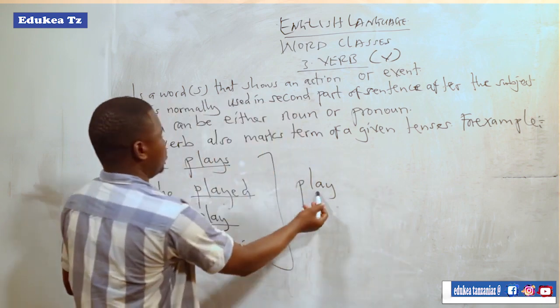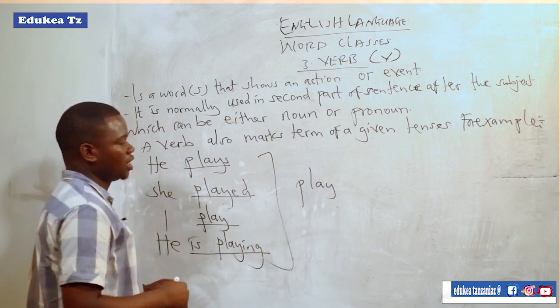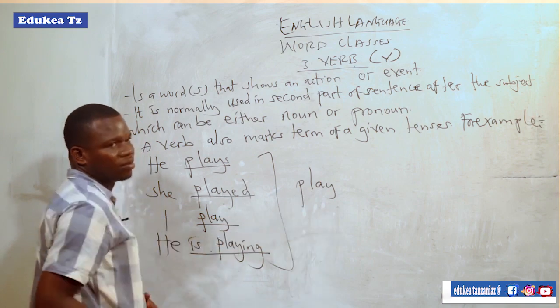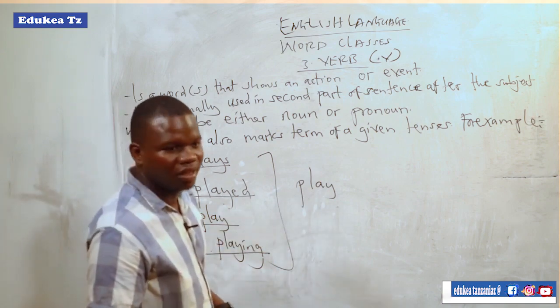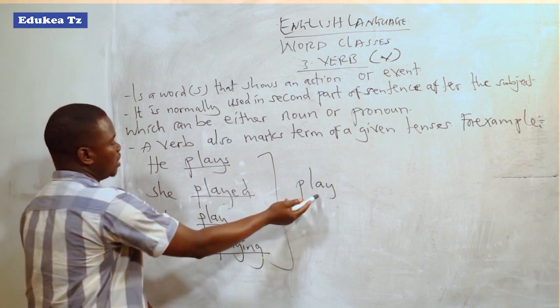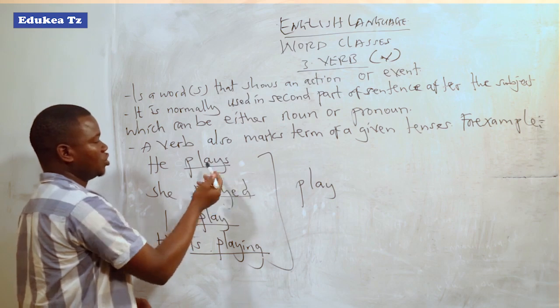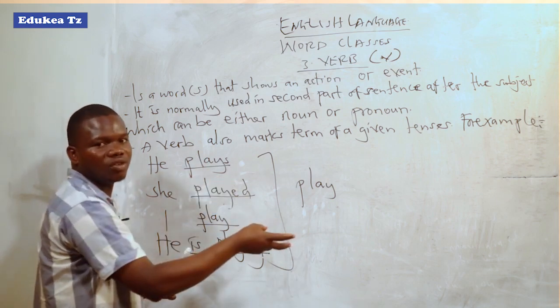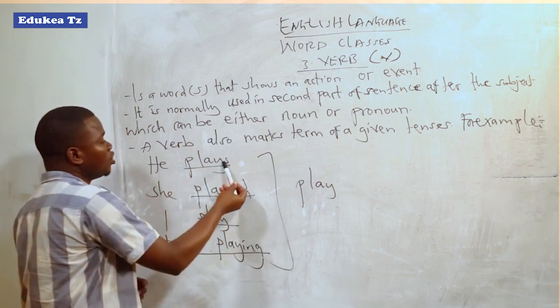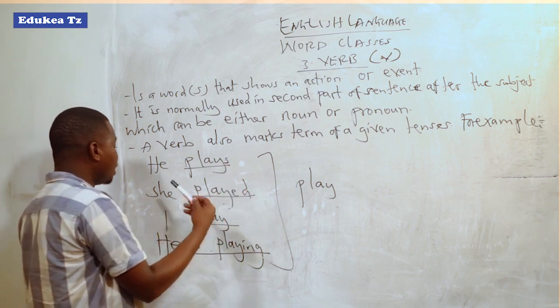Once we use this word in a given sentence, it shows time or it marks time. That's why in the first sentence, this play has an s added. That is to show it is such kind of tense, which is the simple present tense. Again, the same play.